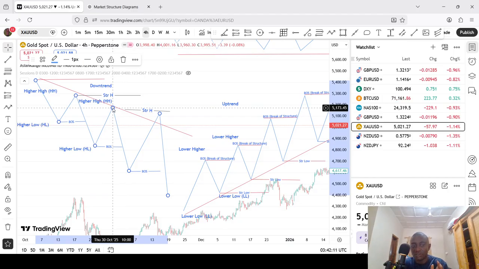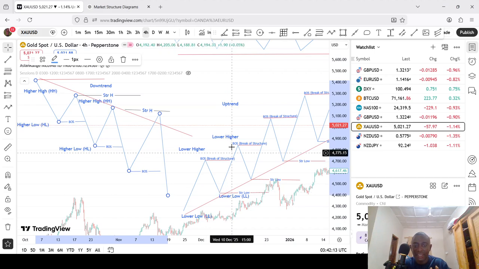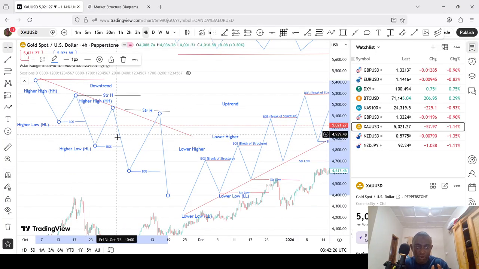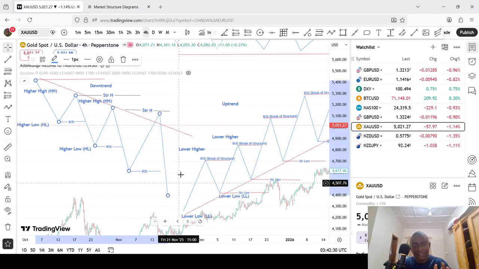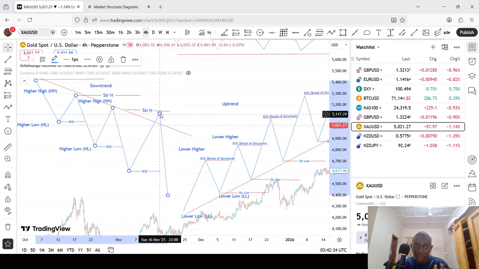Strong highs and the strong lows, they are very key, and the break of structures. And whenever there is a break of structure, we have that pullback. So this one, there was a break of structure, pullback, break of structure, there was a pullback, break of structure, there was a pullback, which means when you are trading, you place a trade from here.